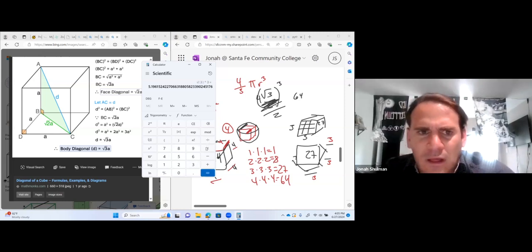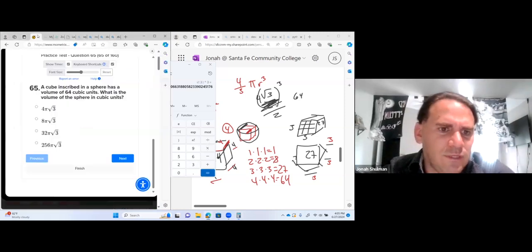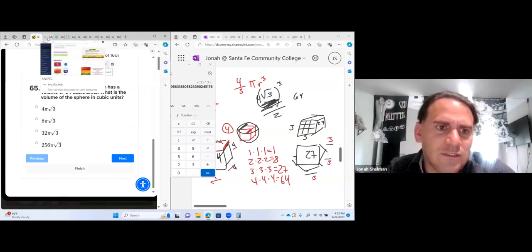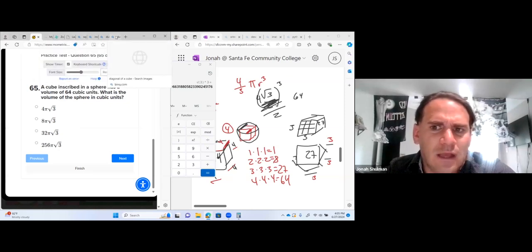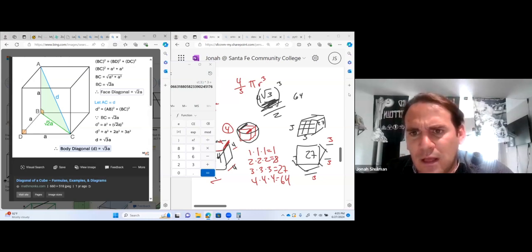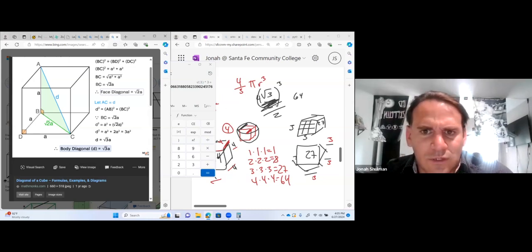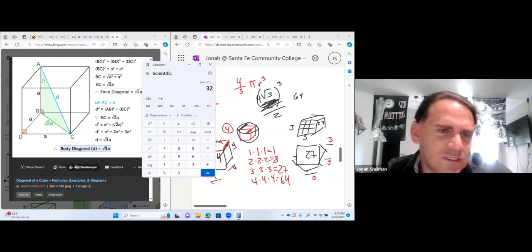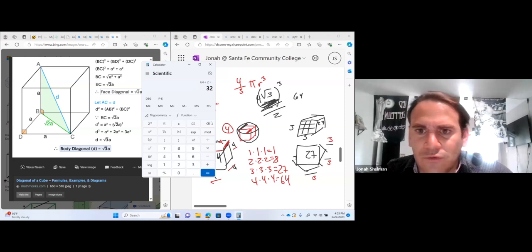All right. Is there a square root of 3 in the answer? There is a square. Okay, cool. So I didn't know if I had to deal with the square root of 3. I probably don't. So I think it's going to go away. I'm going to worry about that square root of 3 until the very end. So it's 4 times the square root of 3, which is 64 divided by 2. So this is going to be 32 root 3.